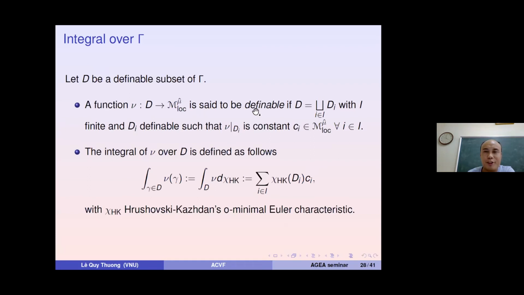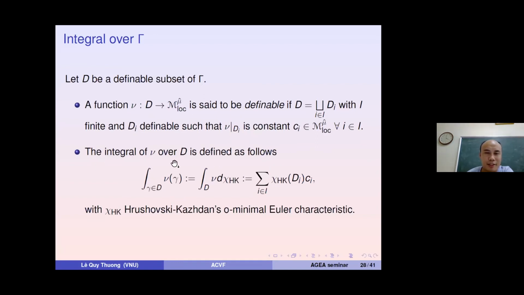It is said to be definable or integrable if we can decompose D as a finite disjoint union of D_i, with D_i definable subsets of gamma, and the restriction of the function is constant on each D_i.